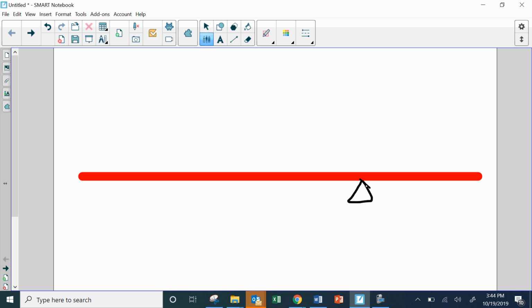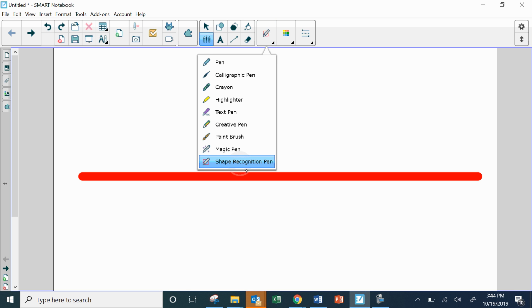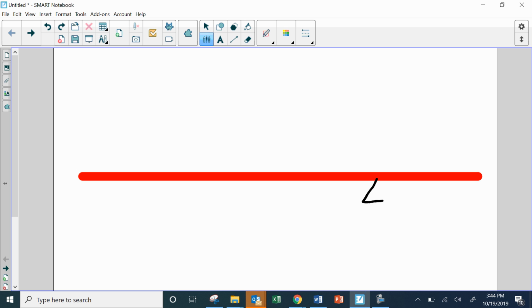Didn't really work. Try that again. It would be my shape pen. Let's try that one more time. Maybe I didn't cross them. Oh, there we go. So let's say the fulcrum of this particular line is way over here.